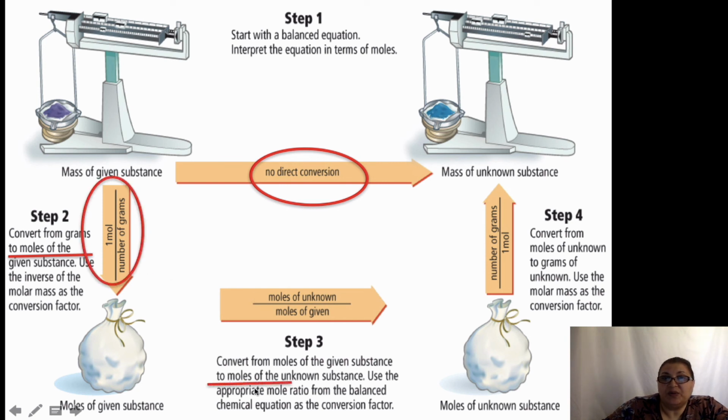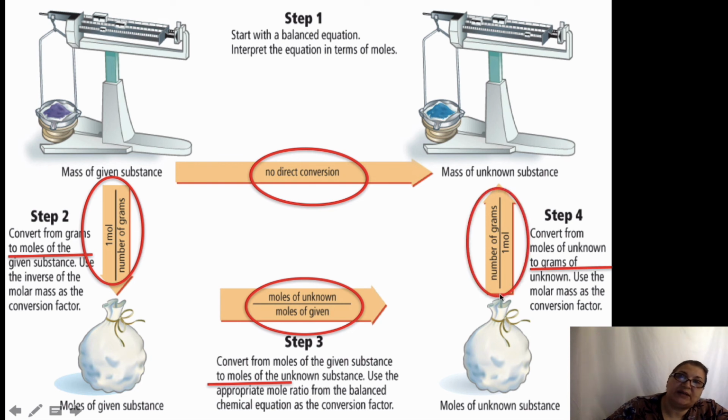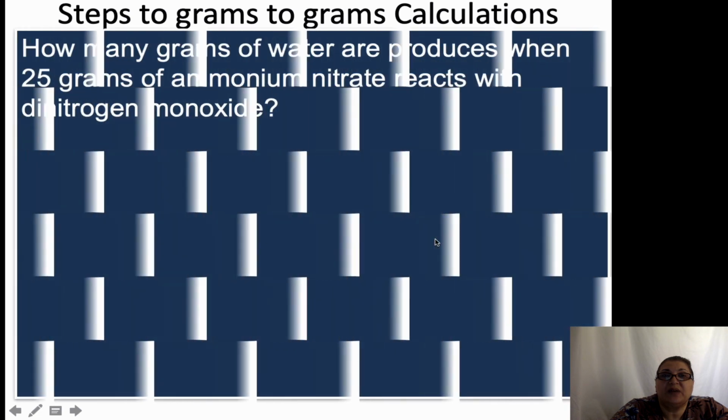Now we go from moles of the given to moles of the unknown using the balanced reaction, from the coefficients, the mole ratios. And the last step is to go from moles of the unknown to grams of the unknown by multiplying by the molar mass. So let's go ahead and see how that works in the problem.